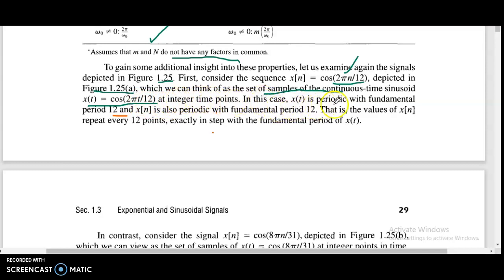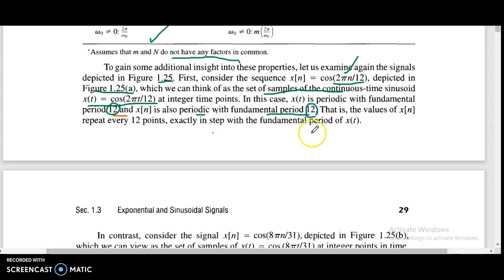In this case x of t is periodic with fundamental period 12, and x of n is also periodic with fundamental period 12.